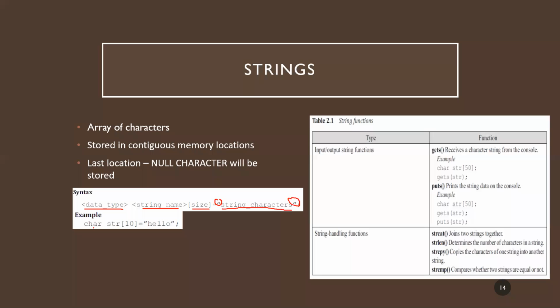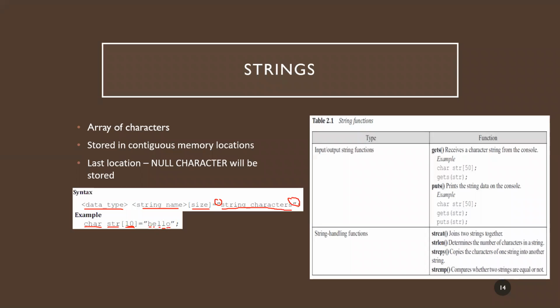Here, as we had seen yesterday, the data type is char, so this is an array of characters. str is the name, and it can store around 10 characters. Of those 10, a maximum of 9 characters can be stored, plus one null character. But here you have allocated 10 memory locations, and how many are you using? 1, 2, 3, 4, 5.